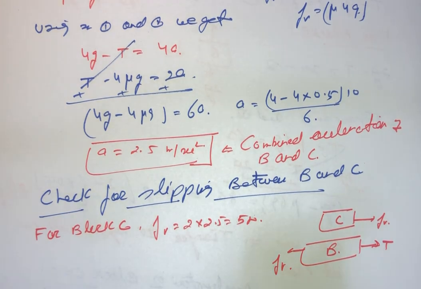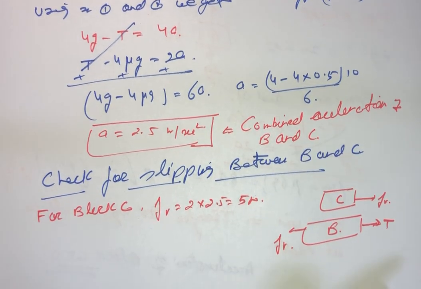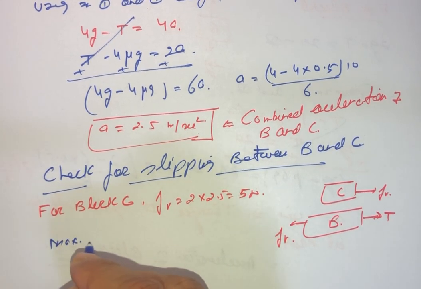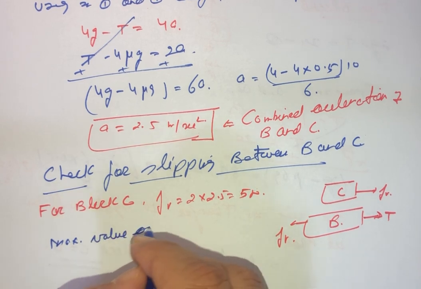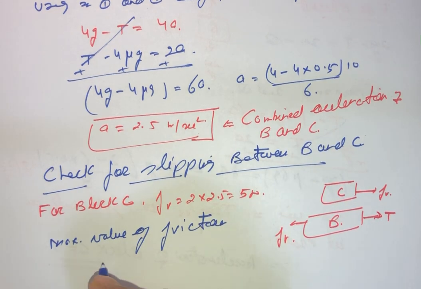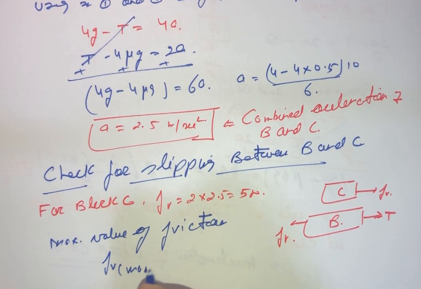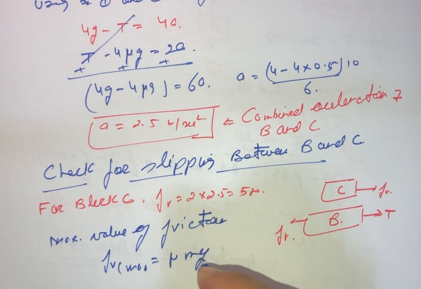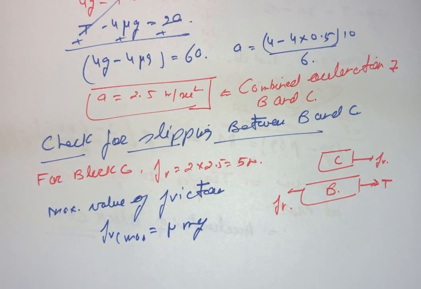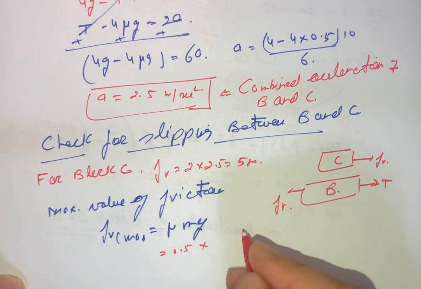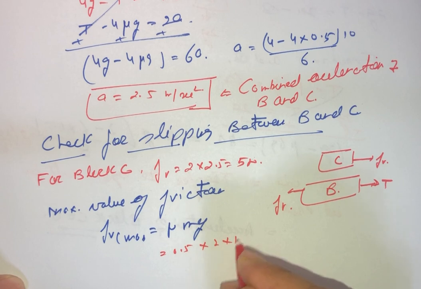And the maximum value of friction for block C, we can write Fr max will be equal to mu mg, and mu is 0.5, mass is 2 kg, and g is 10.